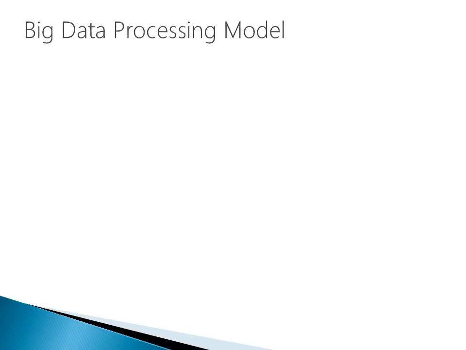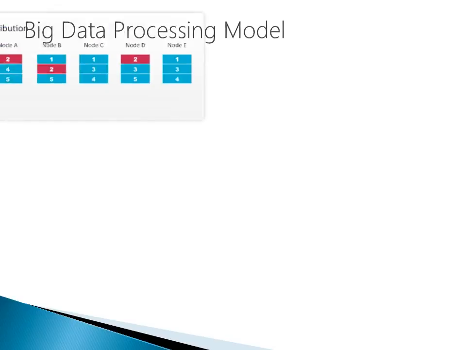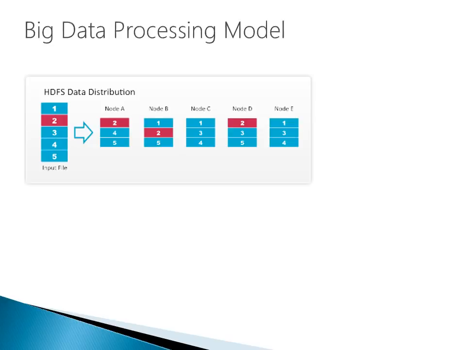I want to talk now about the processing model so we can understand more about the inner workings of big data technologies. The HDFS data distribution is an important central concept, and HDFS is like a file partition system.